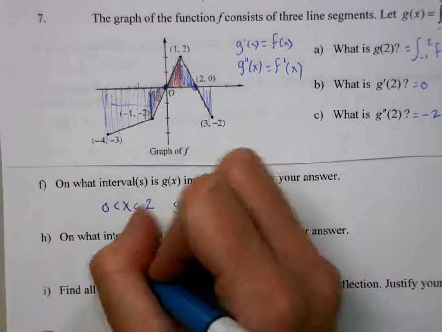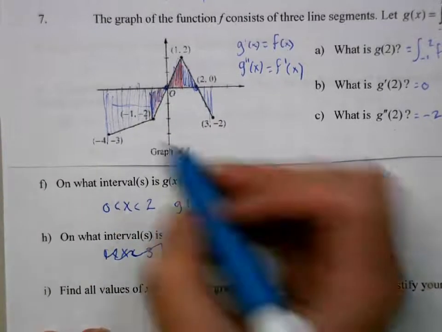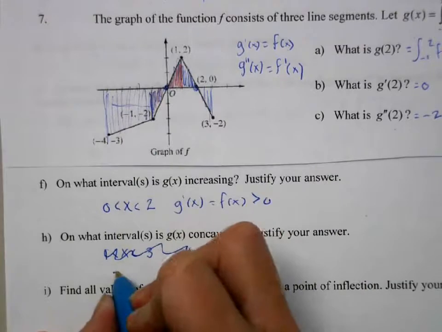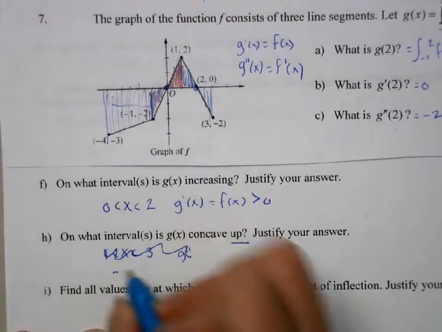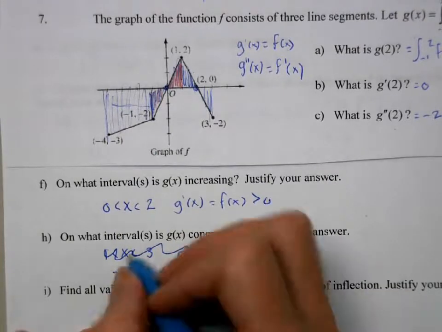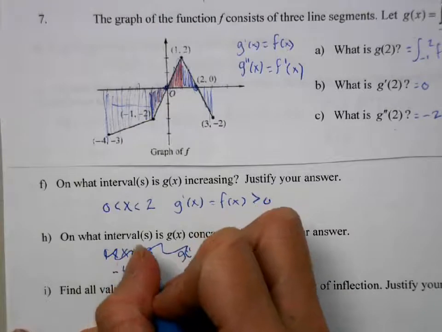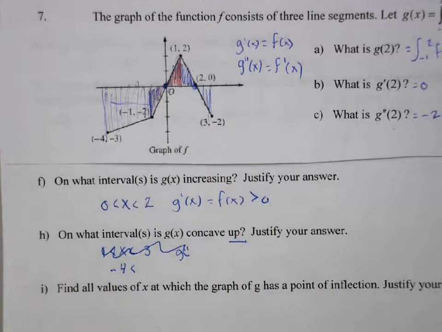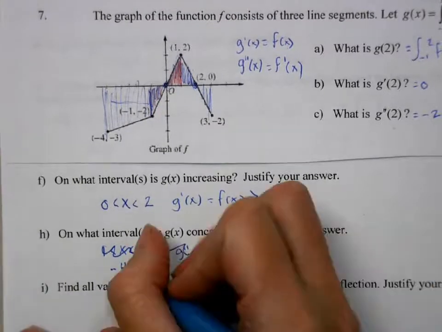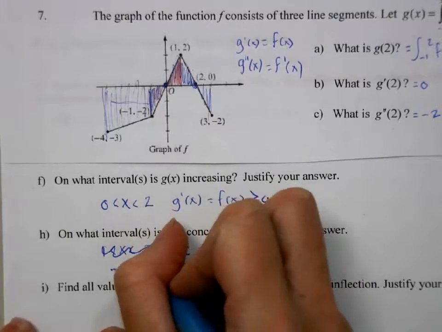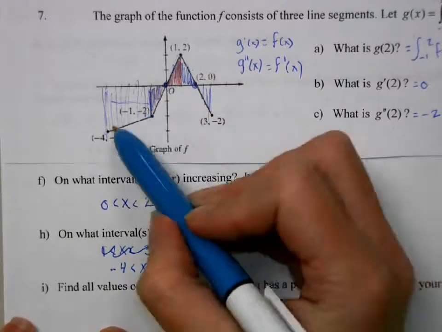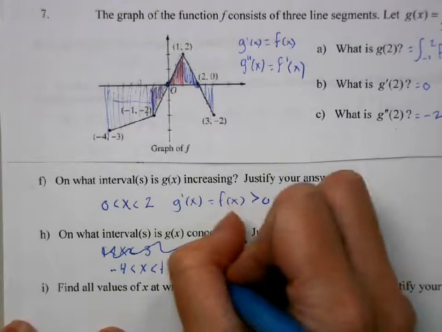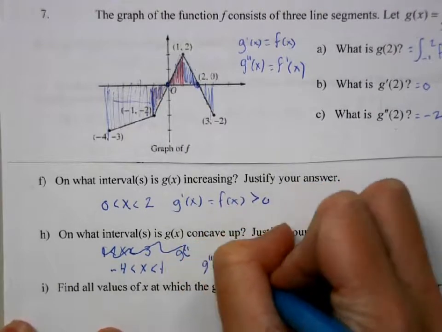So when this is increasing, so from negative 4 to positive 1, because g double prime of x, which equals f prime of x, is greater than 0.